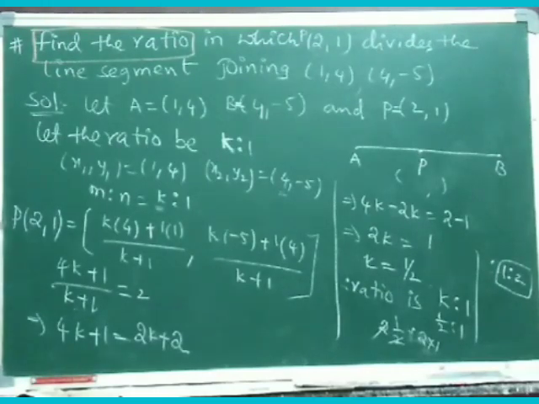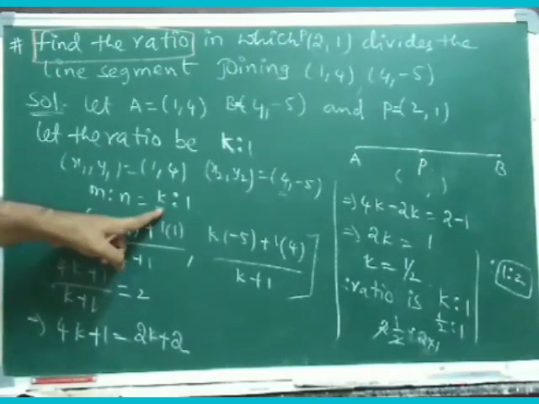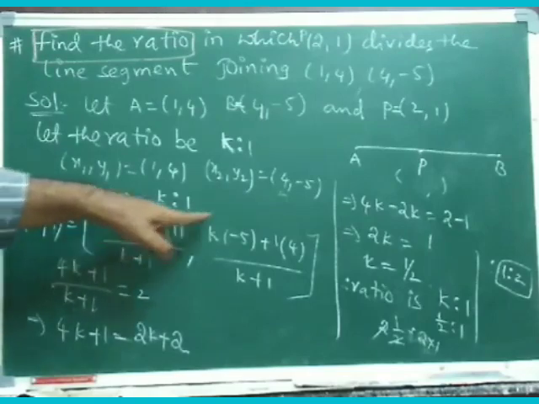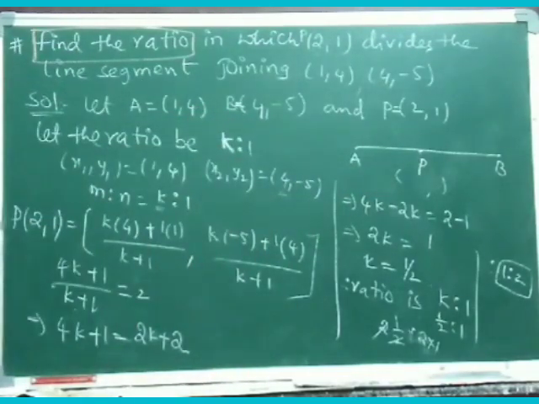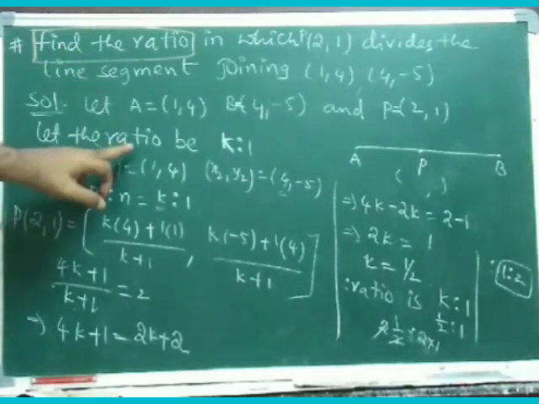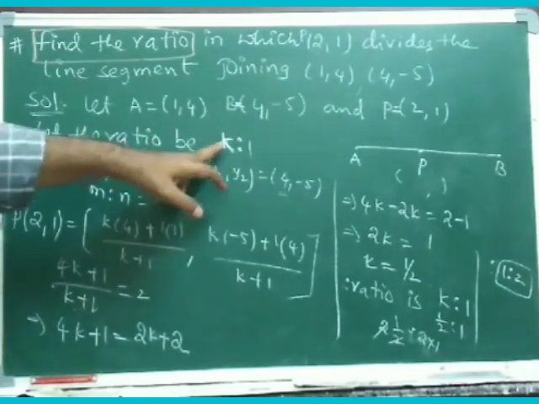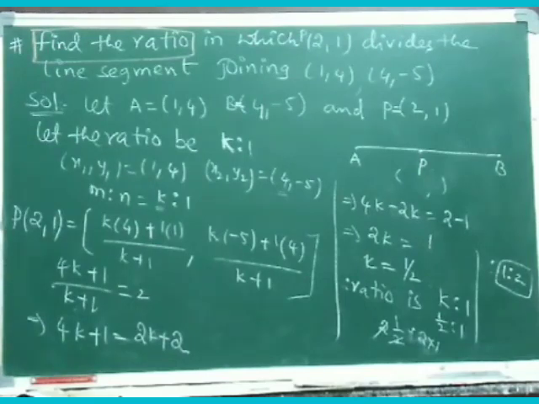So look at me, ma. Although we considered the ratio as some k is to 1, we did not get k is to 1. You see that? Okay. So the ratio is 1 is to 2. Very, very important, and this is one of the shortcuts, my dear. So whenever you need to find the ratio, let us start your solution with 'let the ratio be' some k is to 1 or p is to 1 or something is to 1, better.